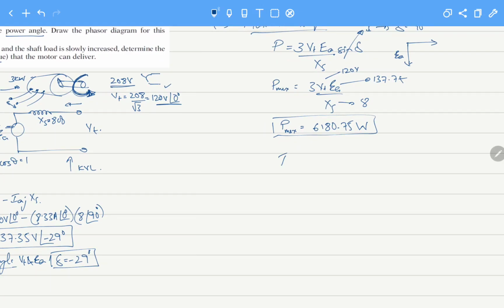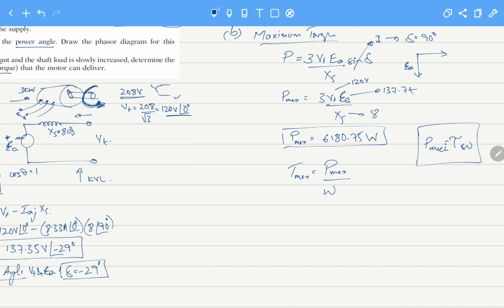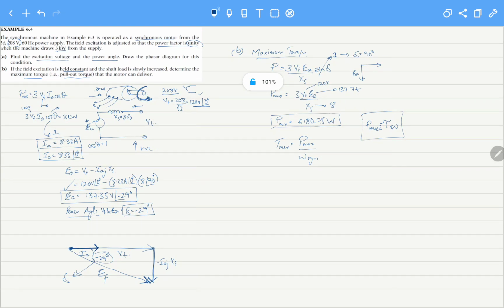So for the torque, we know that P mechanical is torque times speed. Speed, remember, is in radians per second. So T max is P max over omega synchronous, the synchronous speed. And from where can we get the synchronous speed for the machine?